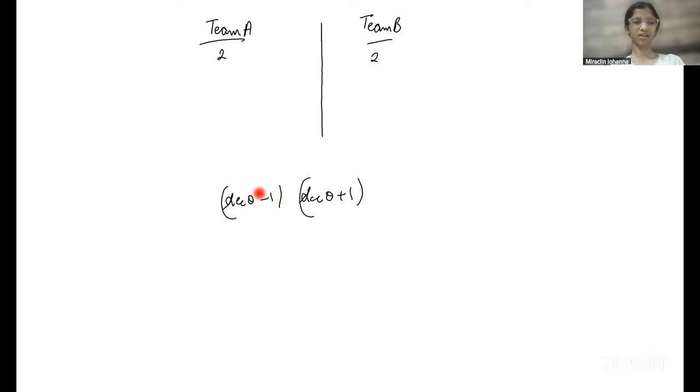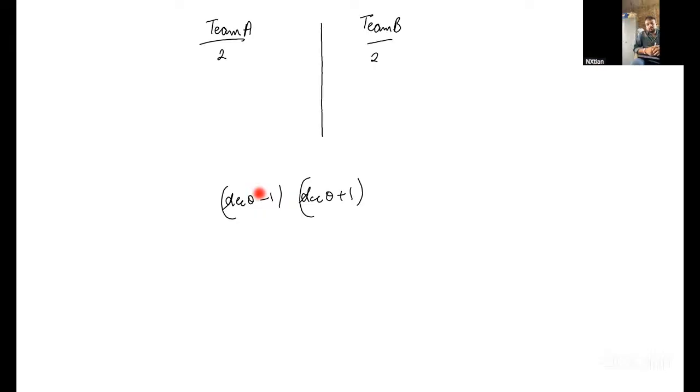sec square theta minus 1. So what is the identity of that? Sec square theta minus 1 is equal to? Three main identities. Sec square theta minus 1 is. Come on.